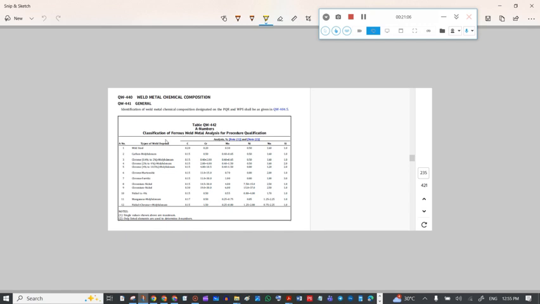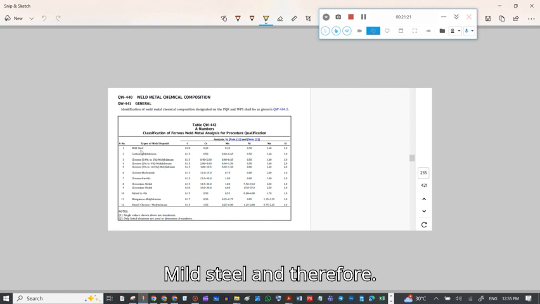So here, what is happening? If it is carbon, chromium, molybdenum, nickel, manganese and silicon, and it is coming in this range, the type of welded material is mild steel, and therefore the A number will be 1. Like that.